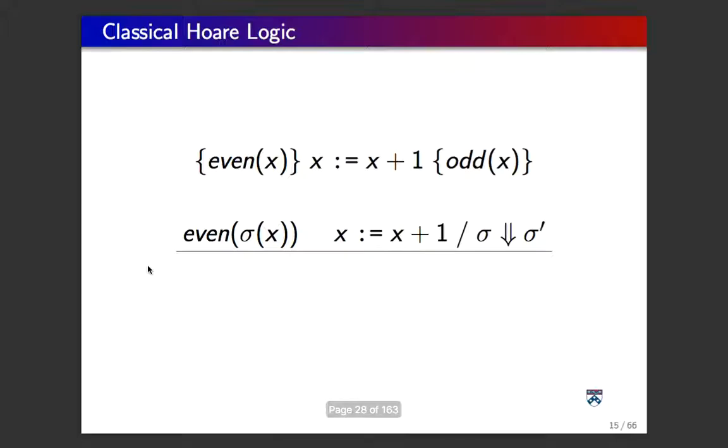So again, this just means if what sigma maps x to is initially even, and incrementing takes you from sigma to sigma prime, then sigma prime's x is going to be odd. And obviously this should not be something that's hard to prove.